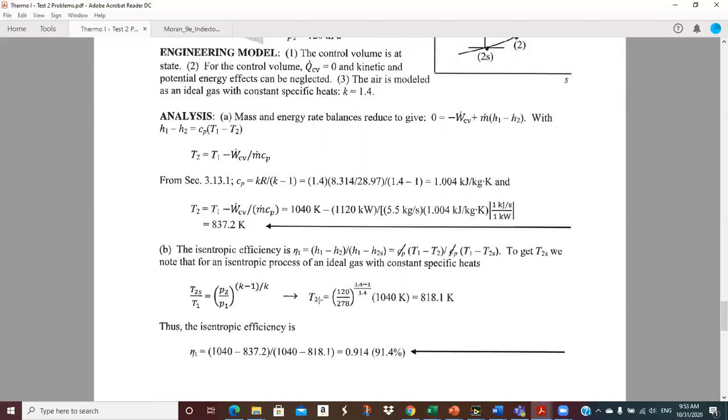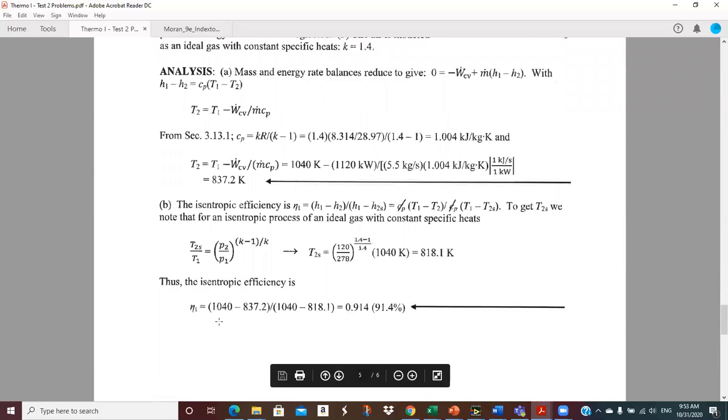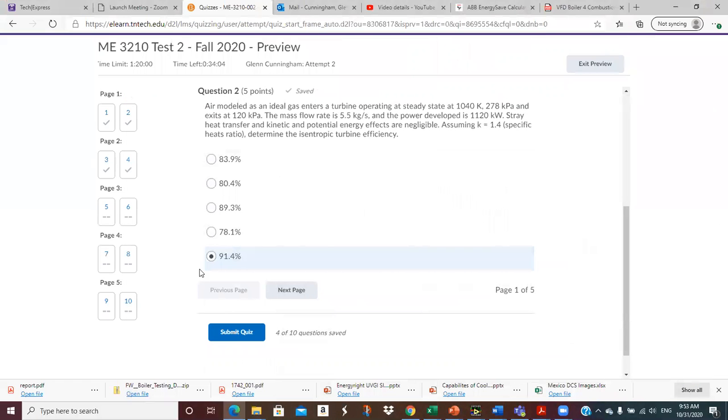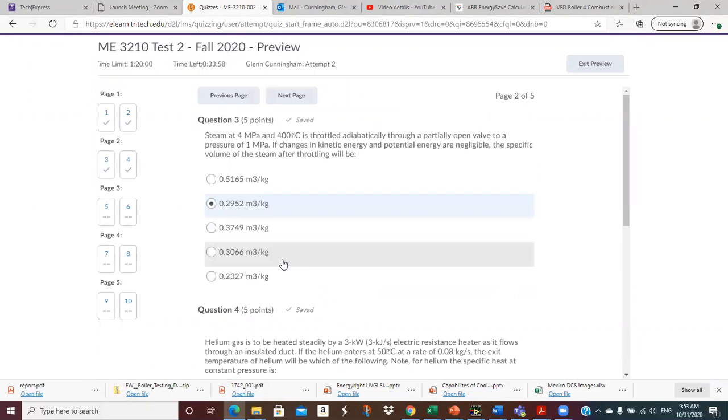So this gives T2S, and then I have all my temperatures, and I just plug in this expression, and I get 1040 minus 837.2 divided by 1040 minus 818.1, and so that's 91.4%. So that's the answer to number 2, 91.4. Okay, so we'll go on to the next page.